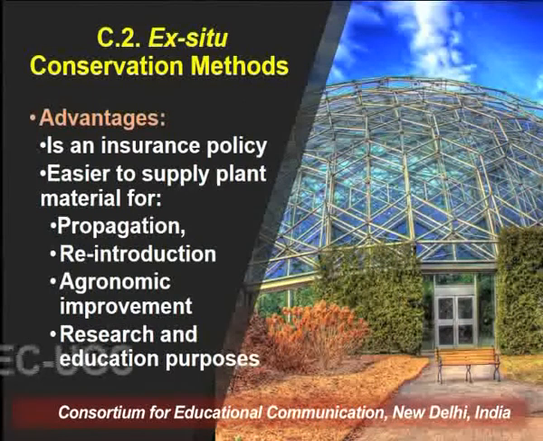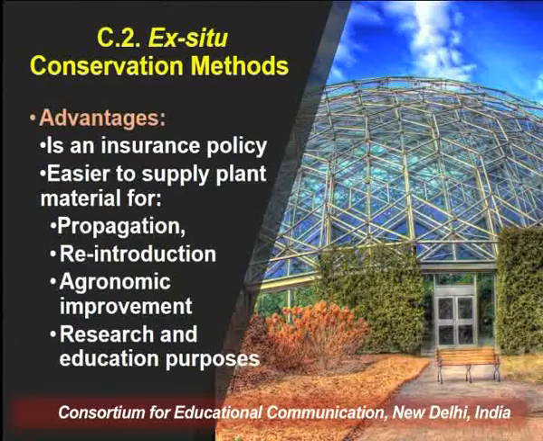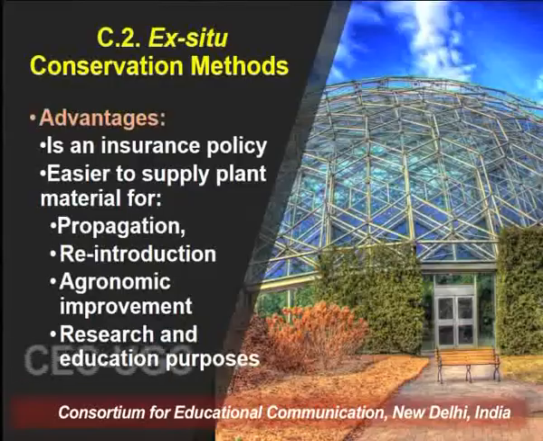Now these ex situ conservation methods also help in easy supply of plant material for propagation. Cultivation is one of the most important ways of conserving medicinal plant species. We have already discussed the importance of cultivation.